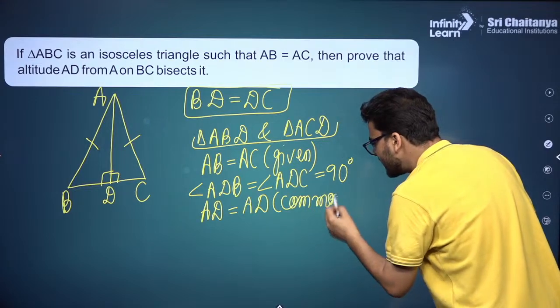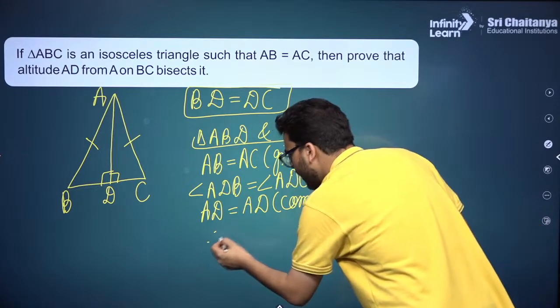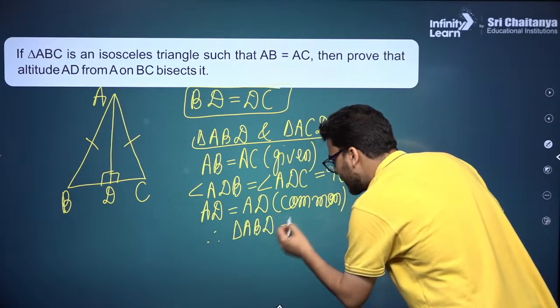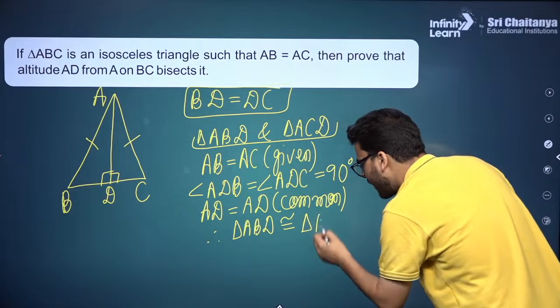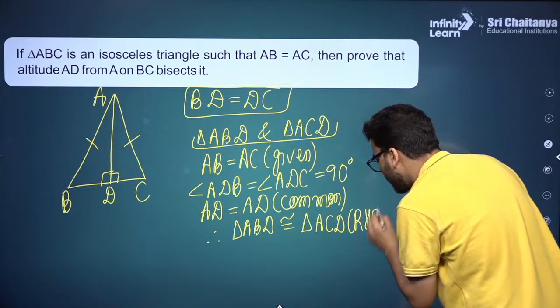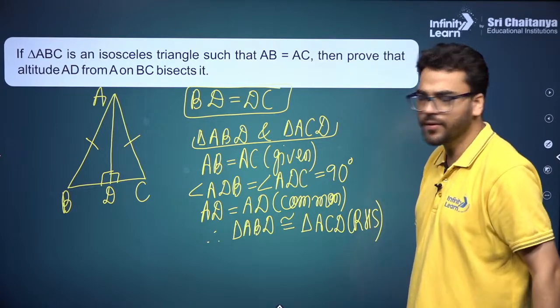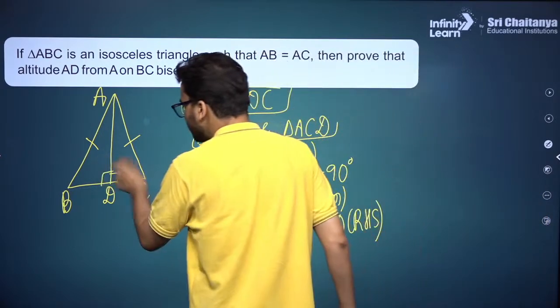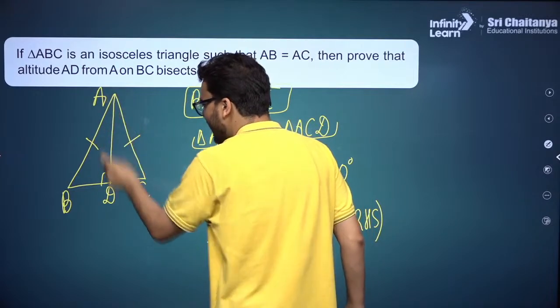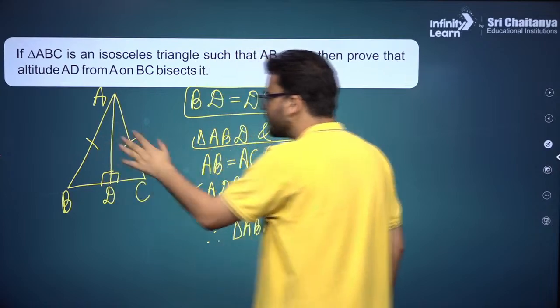So we can easily say over here that triangle ABD is congruent to triangle ACD, and they are congruent by the RHS congruency criterion: right angle, hypotenuse and side. These are two right angled triangles, their hypotenuses are equal, and a side apart from the hypotenuse is common, so they are equal.